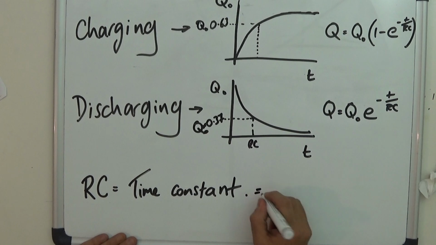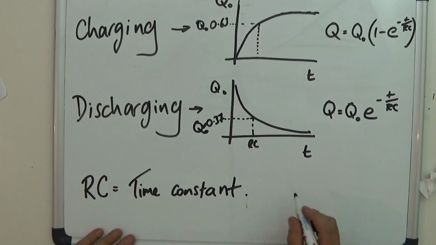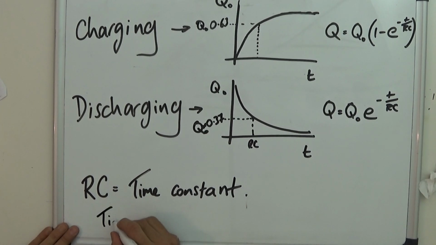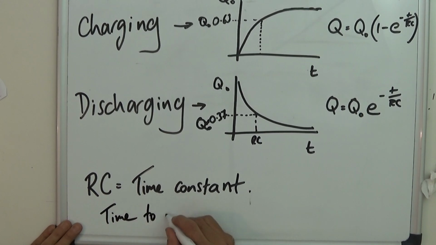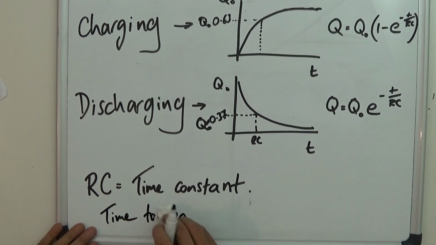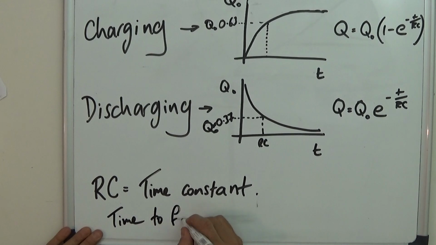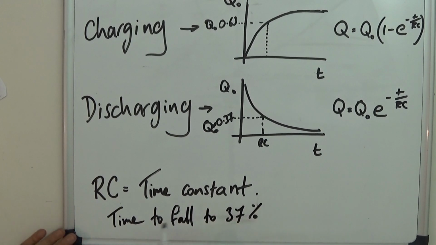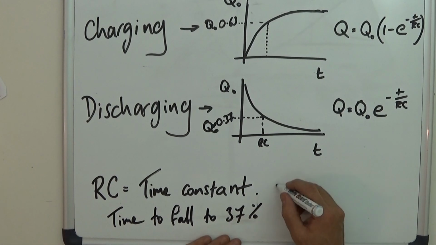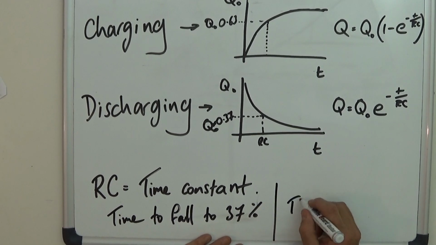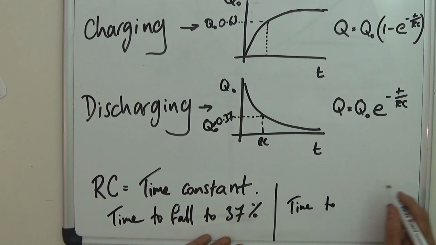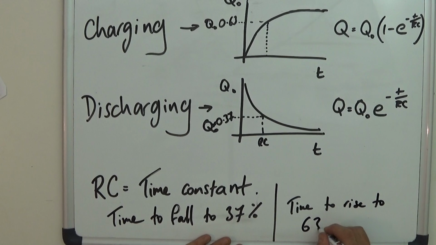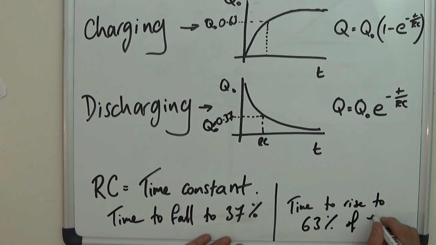The two key numbers: if it's discharging, it's the time to fall to 37%, or when you're charging, the time to rise to 63% of full.